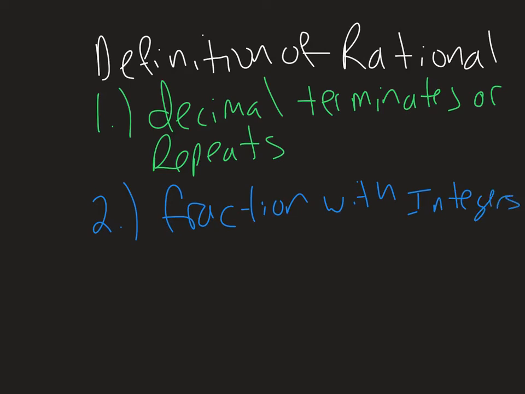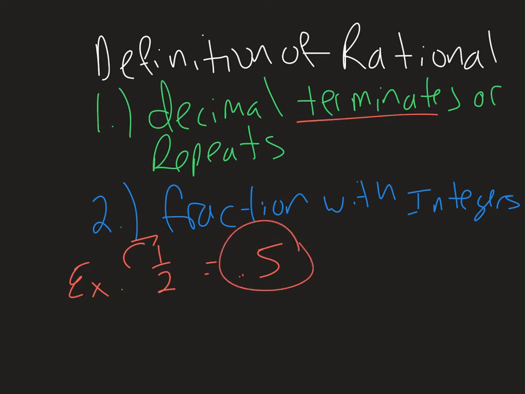So like, for example, let's take a half. Well, it meets that. It's 1 and 2 are the integers, therefore it's rational. Also, 0.5. It's a terminating decimal right here. 0.5, full stop. So it meets both definitions, so therefore it's rational.